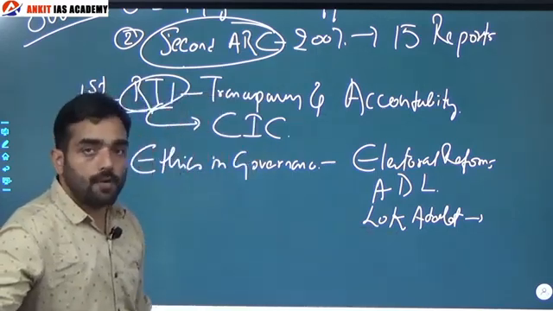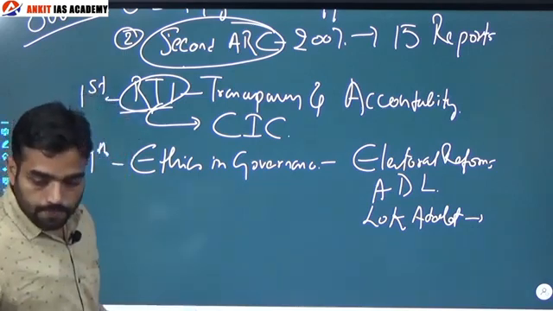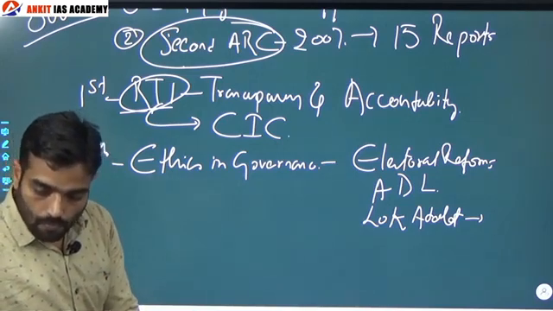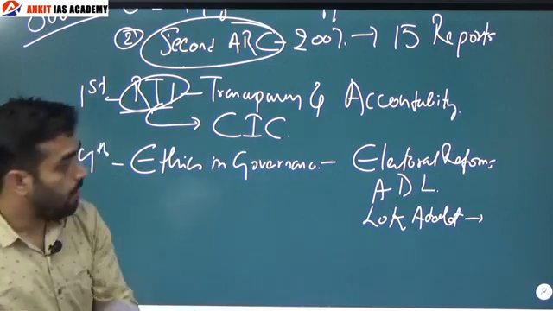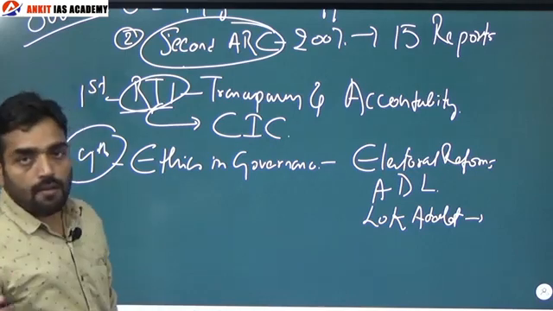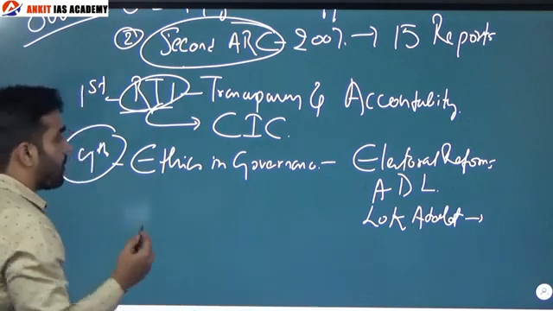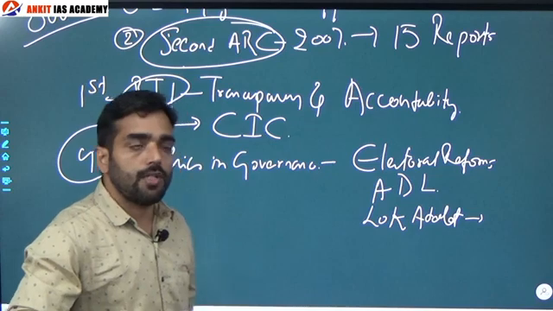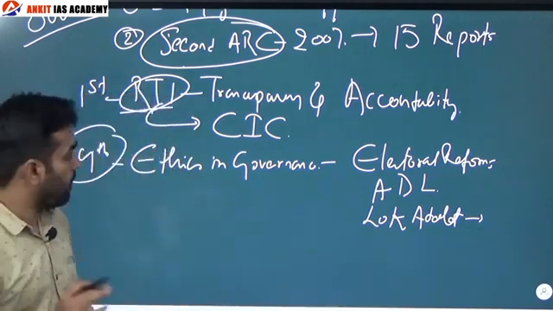Lok Adalats become important there. This fourth report is more important for your GS paper 4. So for the purpose of social justice or GS paper 2, you can prefer to skip it, but read it for the purpose of GS paper 4. Fine.